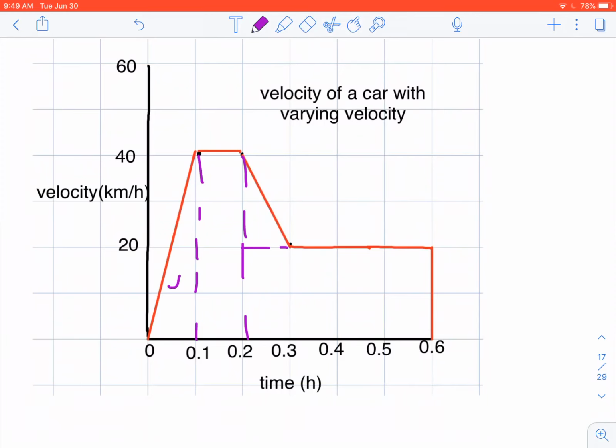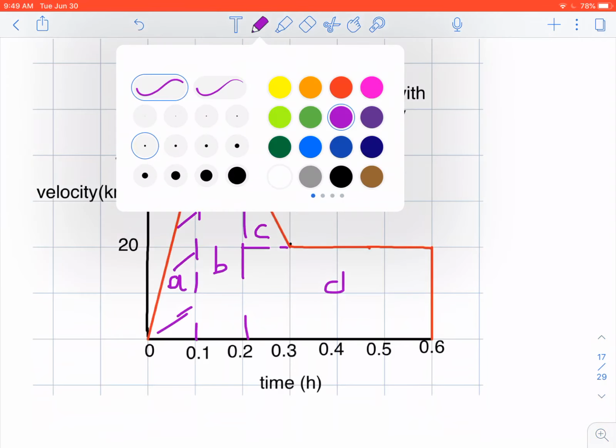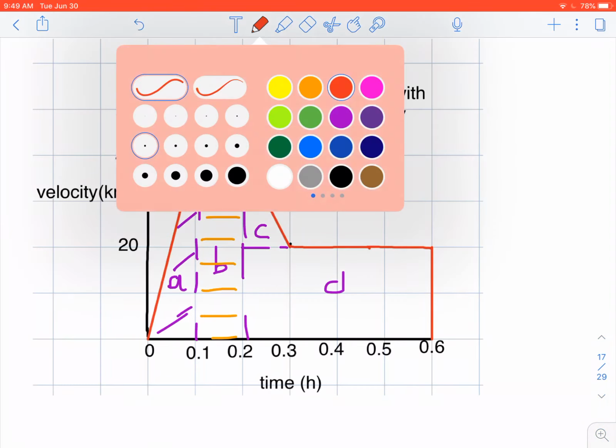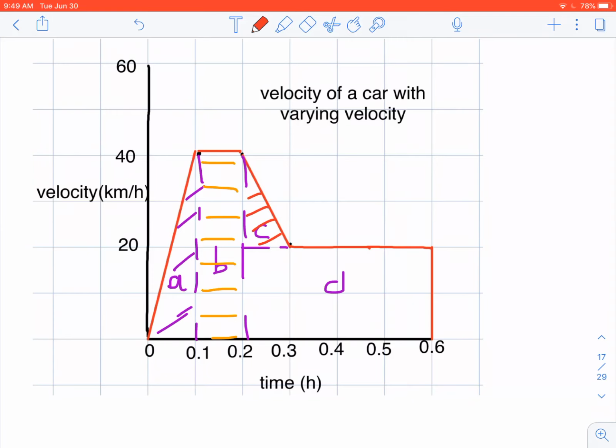So we could say this is A, this area is B, that area is C, and that area here is, say, D. So we need to determine each area underneath the curve.